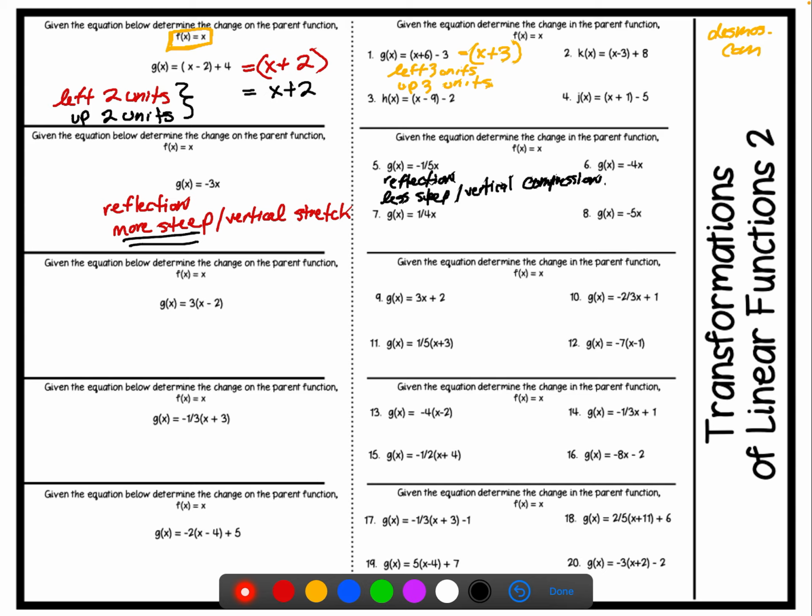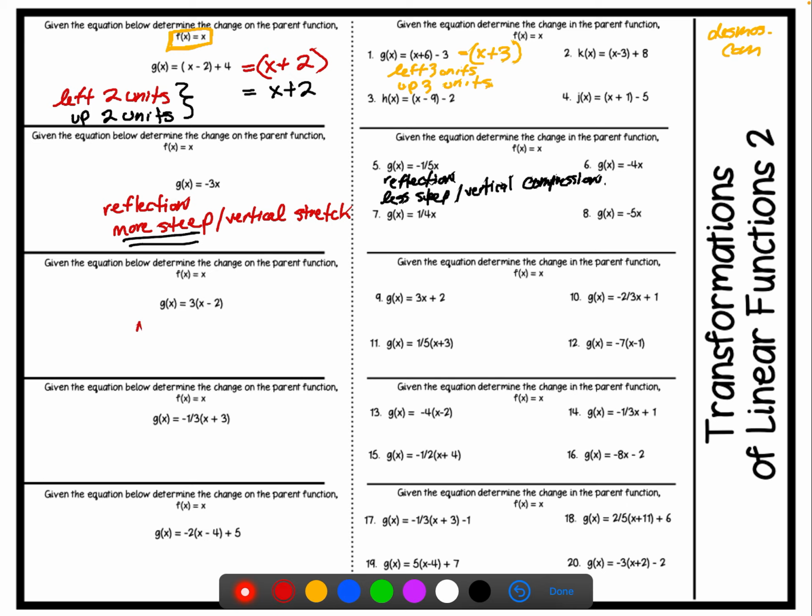Okay? In this next section, it says, given the equation below, determine the change on the parent function, f of x equals x. And we're given g of x equals 3 times the quantity, meaning inside of these parentheses, x minus 2. All right? Recognize that 3 is being multiplied, and that 3 represents, like in the previous section, that the graph is going to be more steep than the parent function.